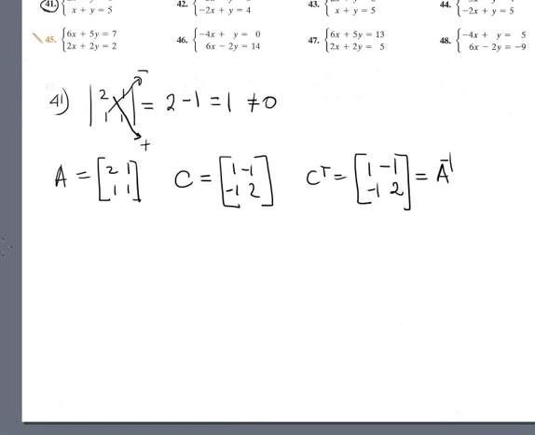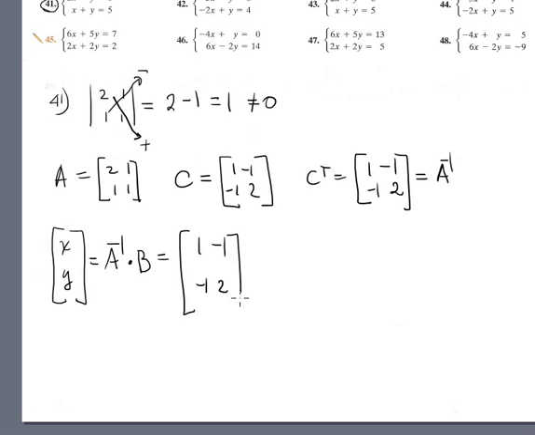Okay, now in order to find the vector of the variables, you apply the formula. The formula is A inverse times B. A inverse is 1, negative 1, negative 1, 2 times the vector B, the vector formed by the right hand side numbers. In our case is 4 and 5. Okay, this is 2 by 2, this is 2 by 1, matching perfectly, and the new answer is 2 by 1, just a vector.